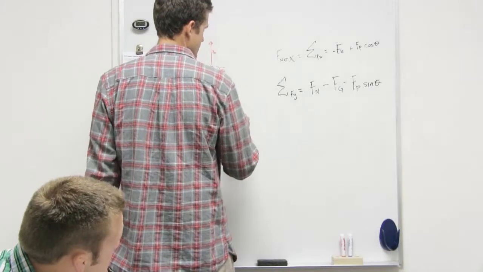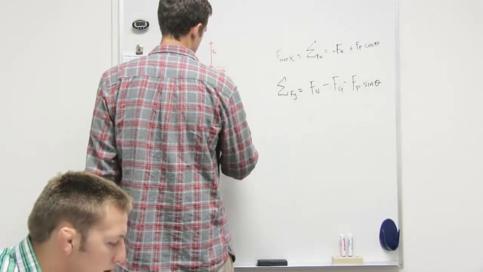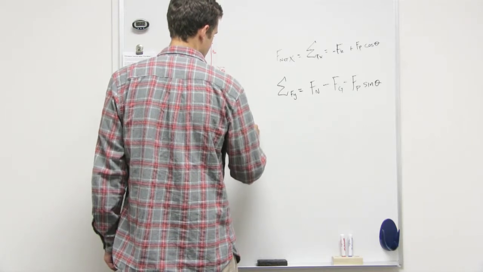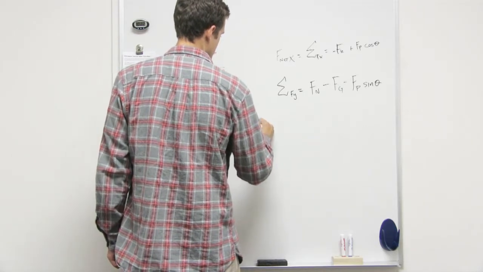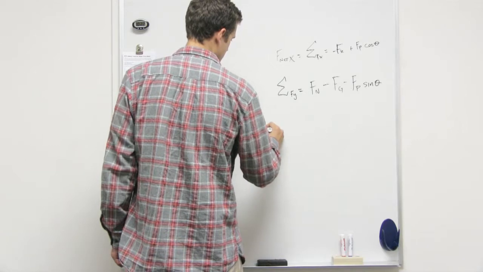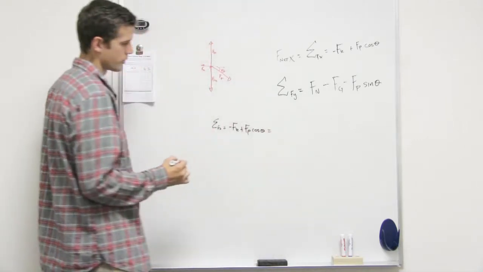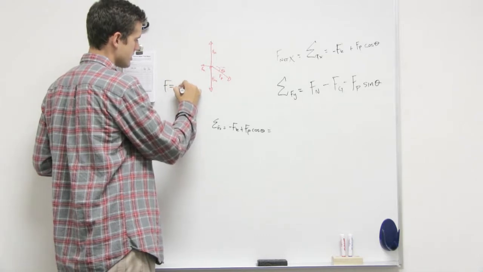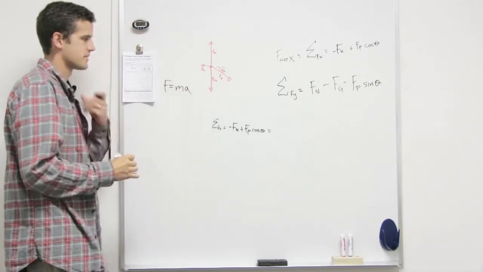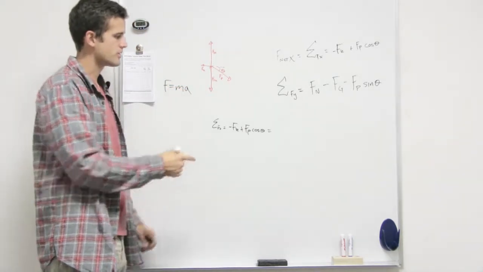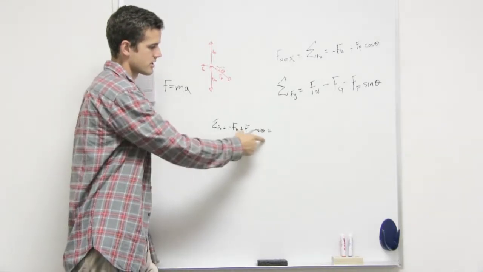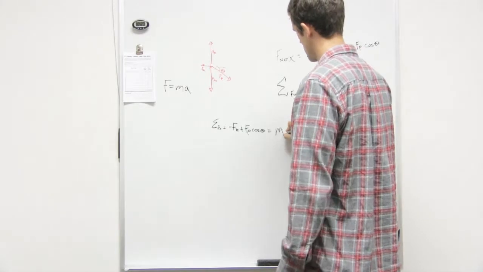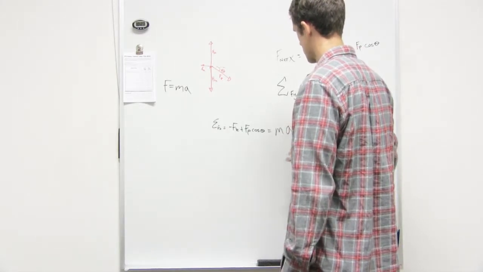The sum of forces in x equals negative force of friction plus the force of the pushing times the cosine of theta. And that's all equal to something else. F equals ma. So this ends up being the net force in x, so it's equal to the mass times the acceleration in x.